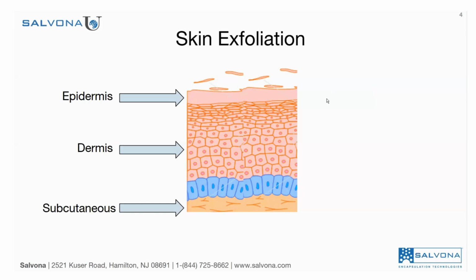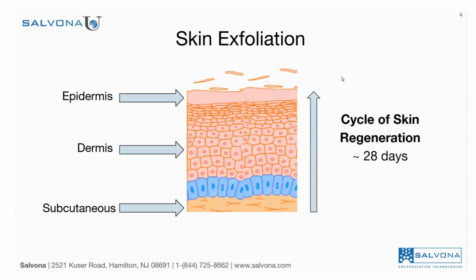Throughout the course of our lives, dead skin cells build up on the surface of your skin, along with things like debris, dust, and pollutants, and create this layer that really keeps the lower layers of the skin from thriving and keeps us from reaching that rejuvenated level.